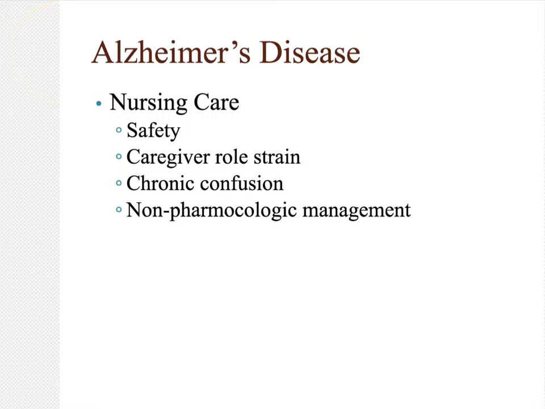Approaches to managing the patient who has Alzheimer's disease include cognitive stimulation and memory training, structuring the environment, orientation and validation therapy, promoting self-management, promoting bowel and bladder continence, and promoting communication is really big.